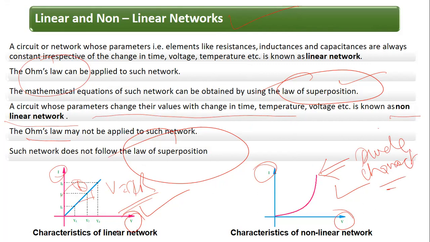Now in this first diagram, and this is the second diagram, in the first diagram you can see the relationship between current and voltage is linear. So this is a linear network, meaning whatever network these characteristics belong to is a linear network.